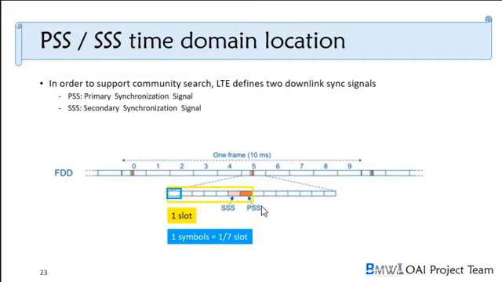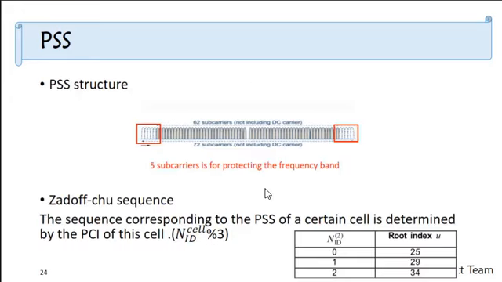You can see that the PSS is transmitted in subframe 0 and subframe 5. Each subframe has 2 slots, as I said before, and they put it in the last symbol of the first slot, here and here. And this is the PSS structure.